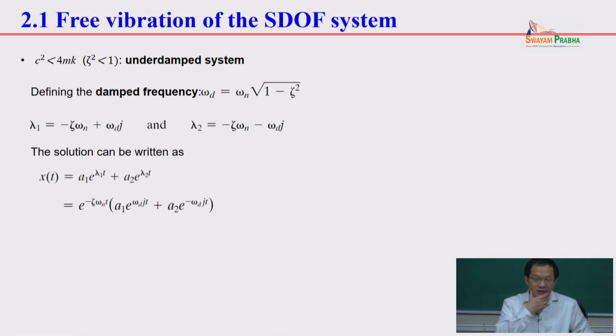Now you have lambda 1, lambda 2, so you combine them together for the solution: A1 e to the lambda 1 t plus A2 e to the lambda 2 t. In such a system, we can write the expression in that way.